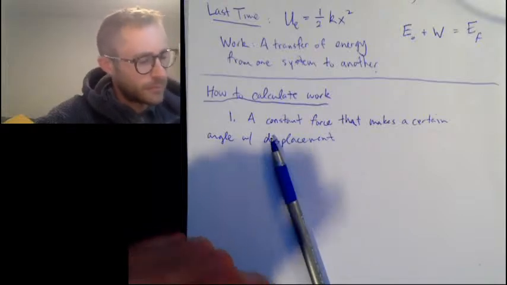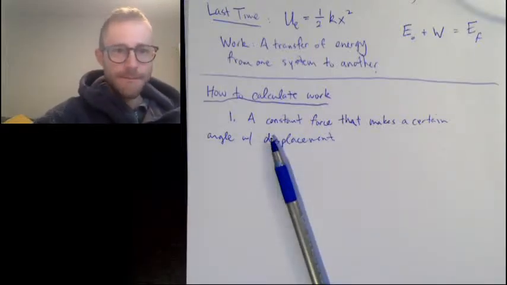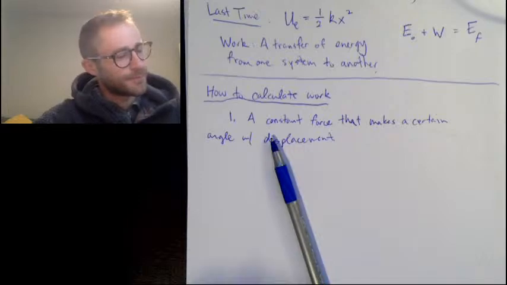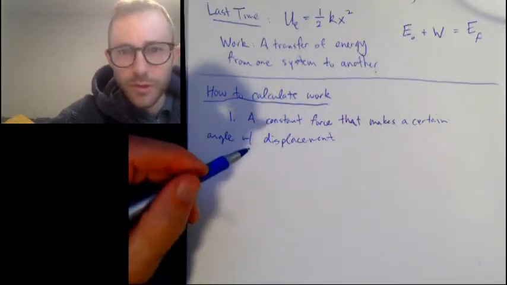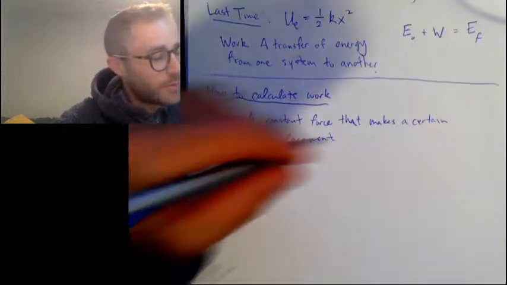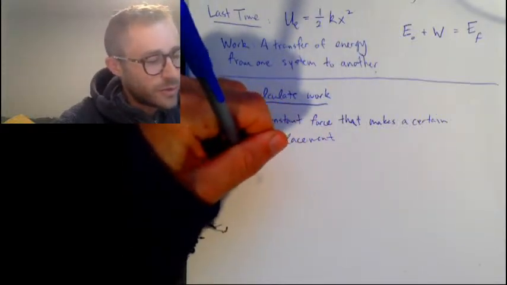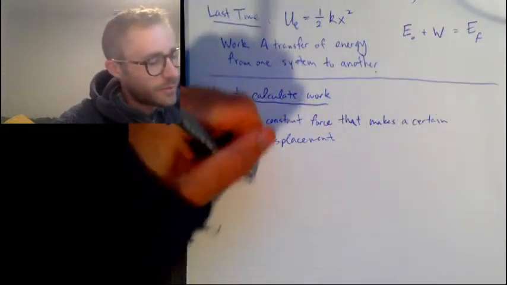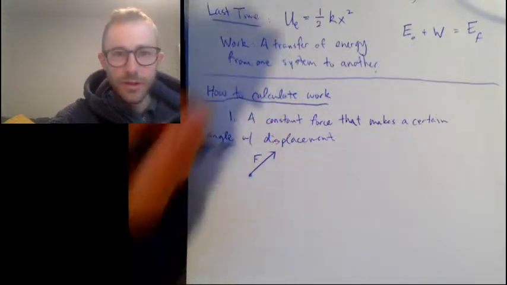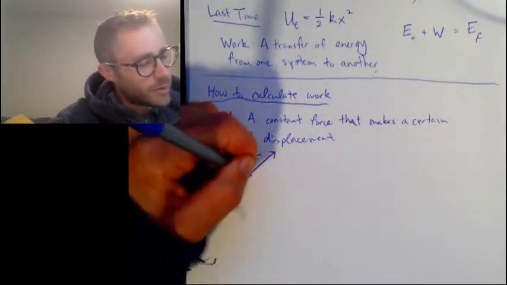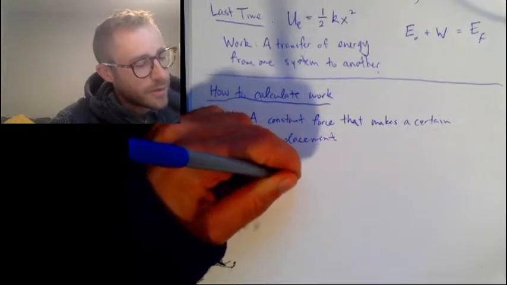The force and the displacement do not need to be in the same direction. So we might have a situation like this. So you have a force that's going in this direction, but the displacement is in another direction.